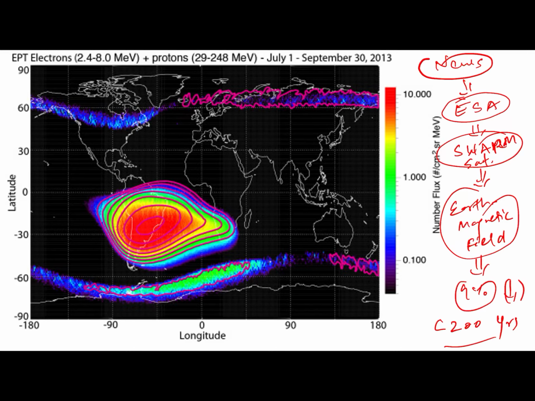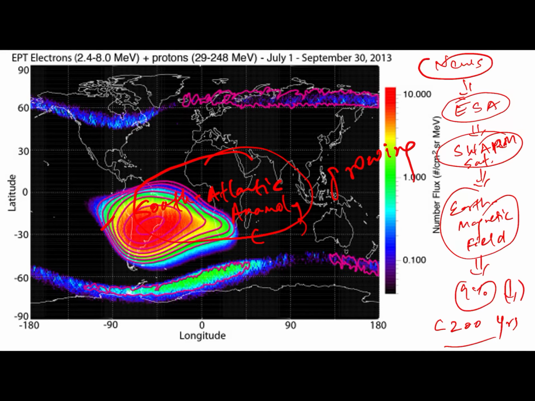Now, the maximum reduction has been reported from this South Atlantic region only, and this anomaly, whether positive or negative, come on, this anomaly is already negative, meaning less. So this already low is getting further low, so we can say that the South Atlantic anomaly is growing, meaning the negative magnetic anomaly of the South Atlantic Ocean is increasing.